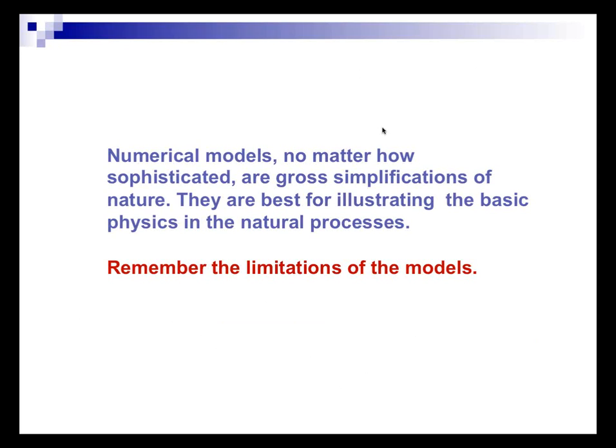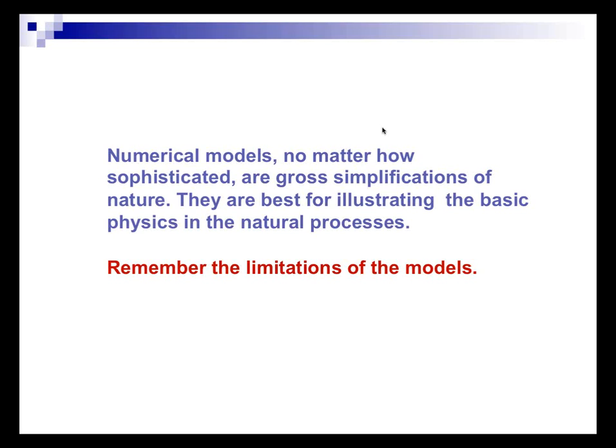Okay, so at this point, I can put in my personal prejudice here, because Earth is very complicated. No matter how sophisticated our models are, it's a very broad simplification of nature.